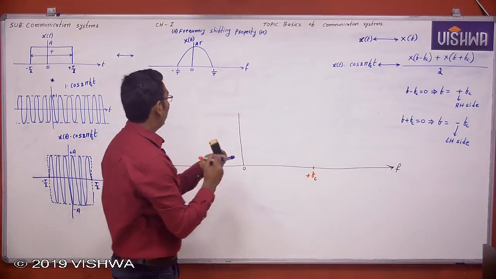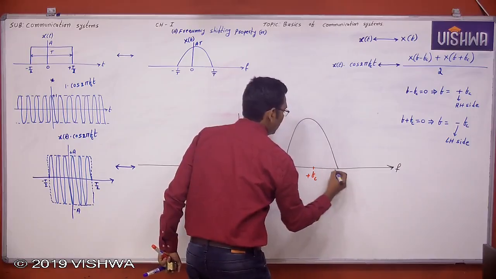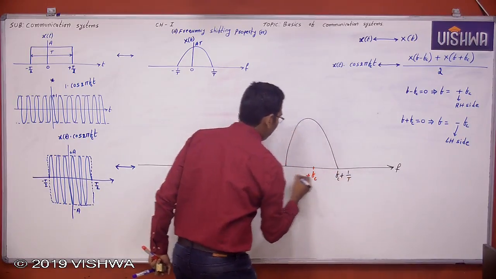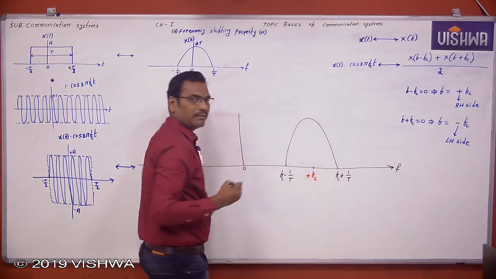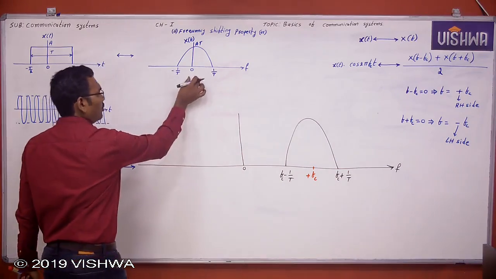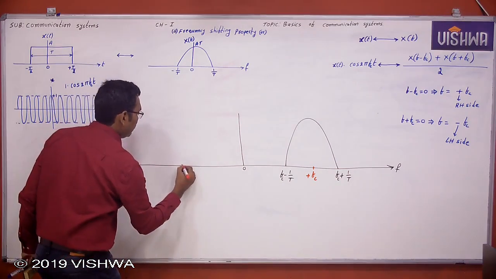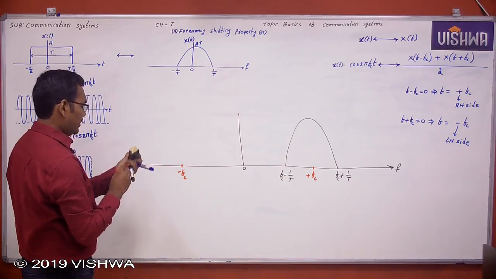Now therefore, that 0 is at fc. This is fc plus 1 by T, this is fc minus 1 by T. Now this 0 is at minus fc. This spectrum is shifted to minus fc.